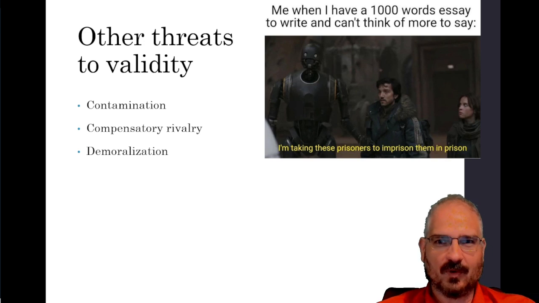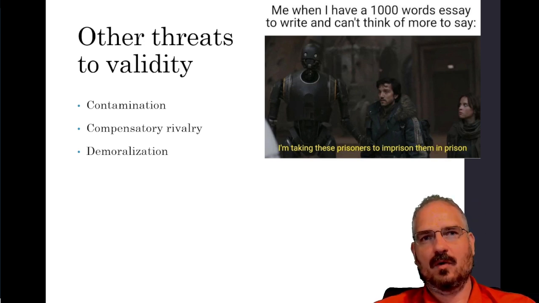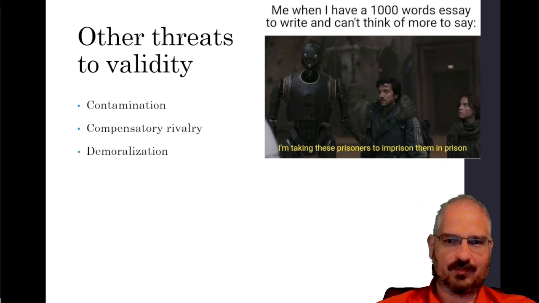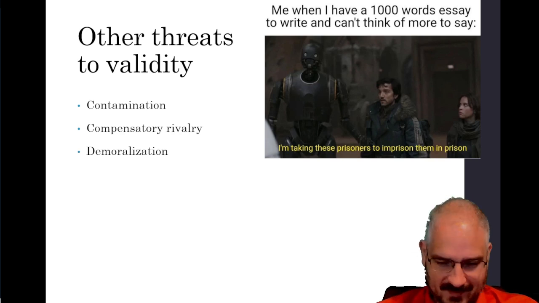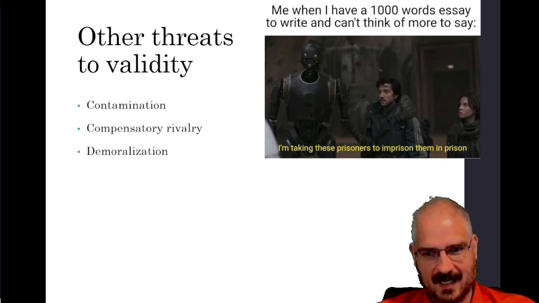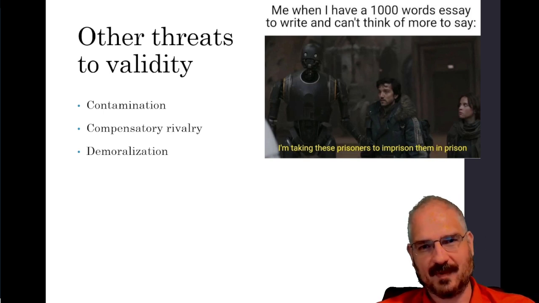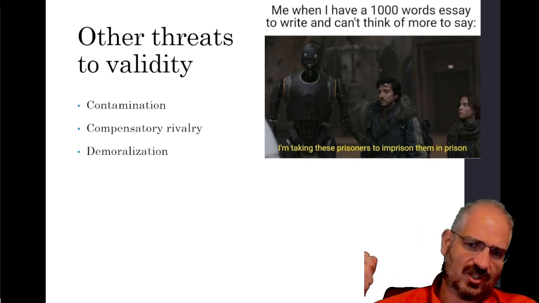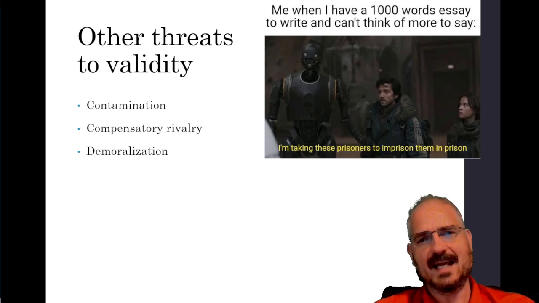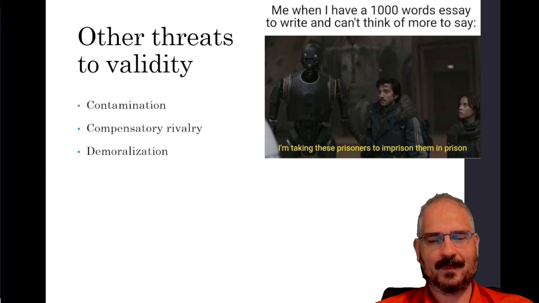Compensatory rivalry would be, well, I didn't get that rehabilitation program. I didn't get that anger management class, but I'm going to do better anyway. I'm going to work on my anger. I'm going to count to 10 and breathe and use things I learned prior to coming to prison, so I can reduce my anger levels because I'm upset and I want to be just as good as those prisoners who did get this new rehabilitation program.